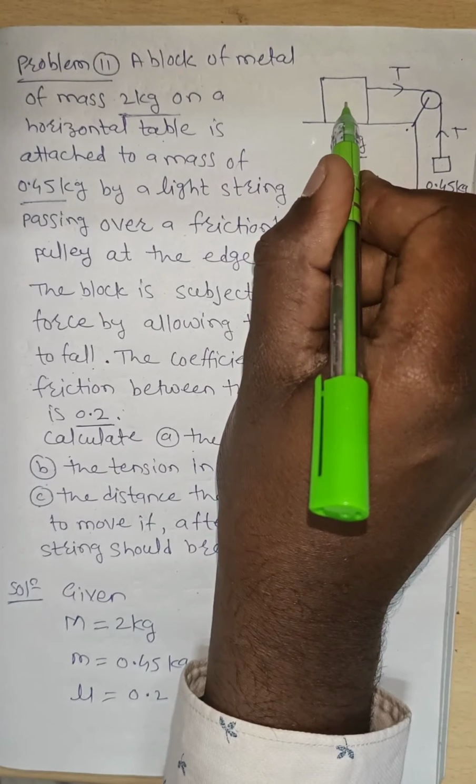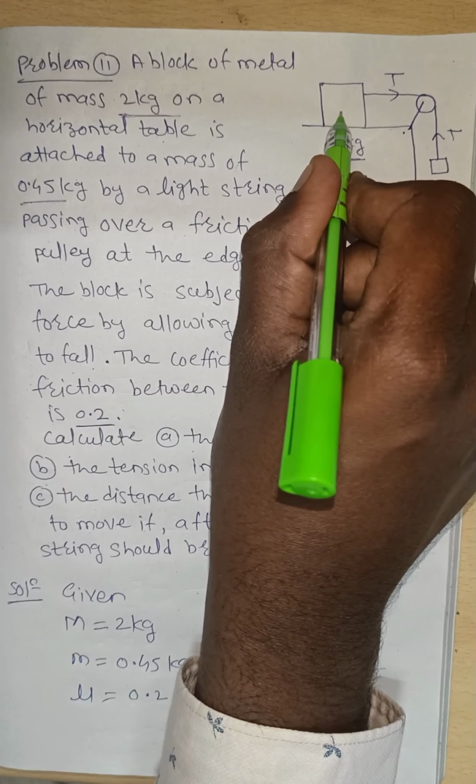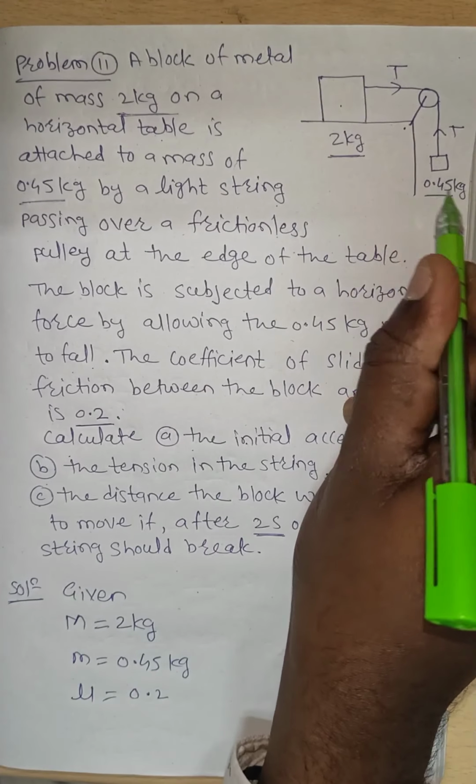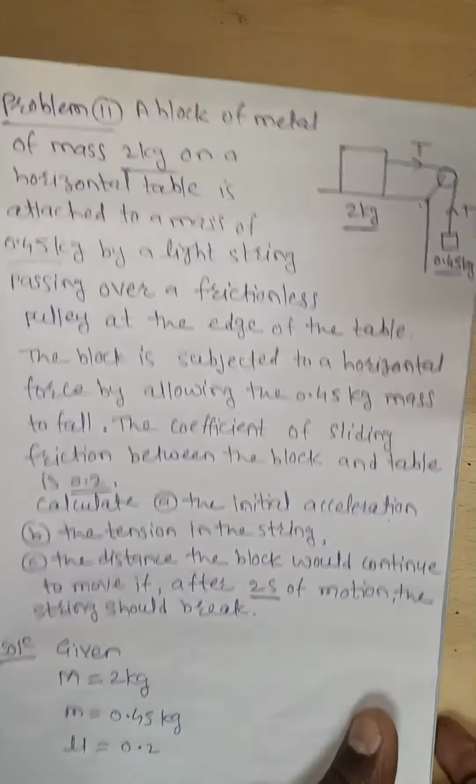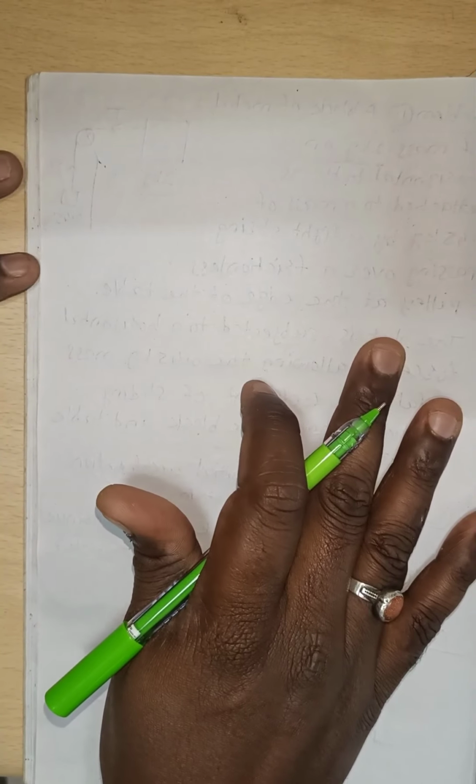First of all, draw a free body diagram of this big block, and also draw a free body diagram of the small block. First, the free body diagram of the 2 kg mass.